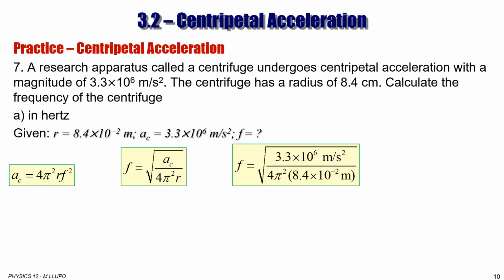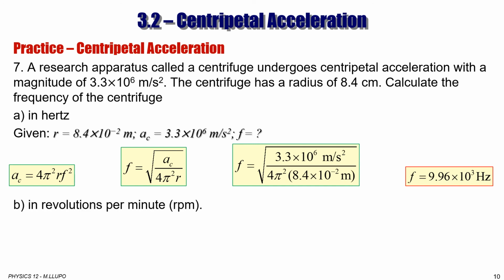Then we plug in those numbers. We have centripetal acceleration as 3.3 times 10 to the power of 6 meters per second squared, and r is 8.4 times 10 to the power of -2 meters because it is in centimeters. Then we plug those into the calculator and we have 9.96 times 10 to the power of 3 hertz.